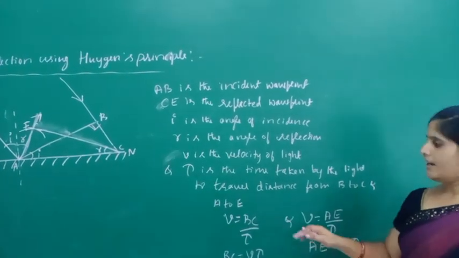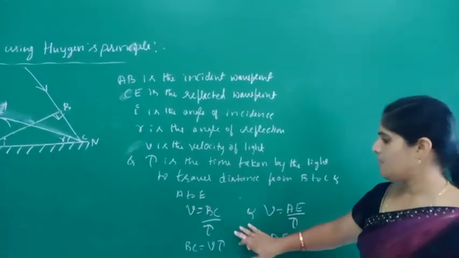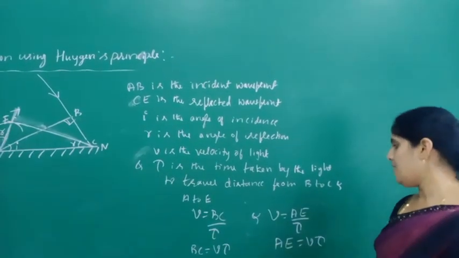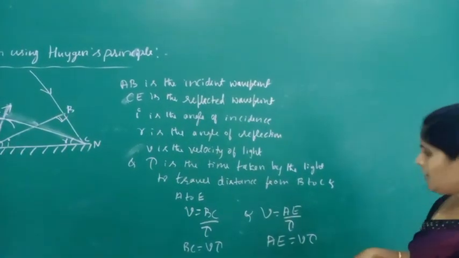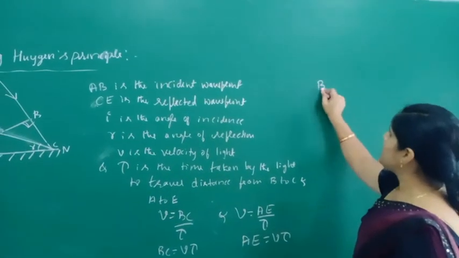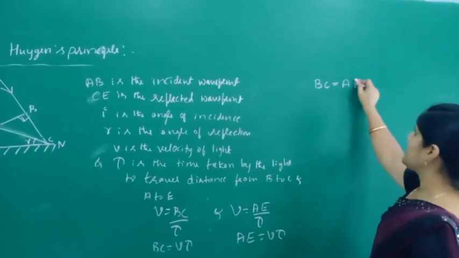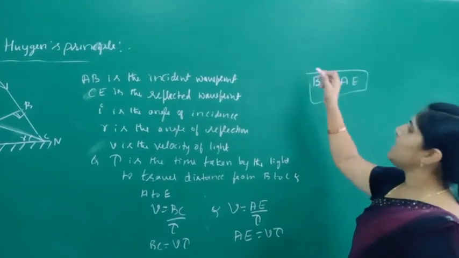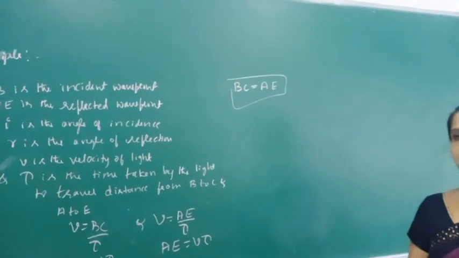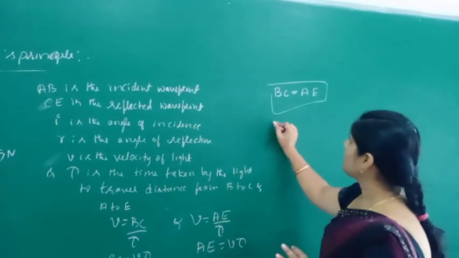Here we do not take v1 and v2 because the light travels in the same medium. So BC is equal to v tau and AE is equal to v tau. From these two equations it is clear that BC is equal to AE. The distance traveled from B to C is equal to the distance traveled from A to E in the same interval of time tau.